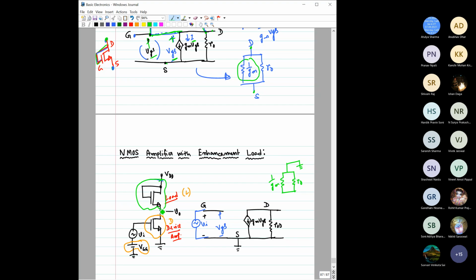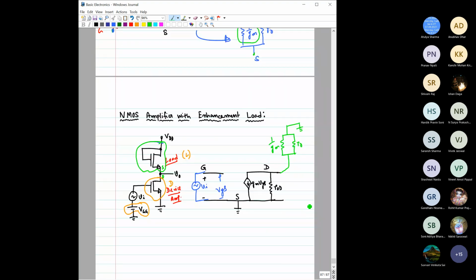The source terminal is now connected with this drain, S and D. So this would be the equivalent circuit of this amplifier.